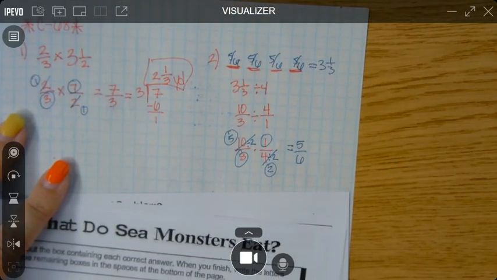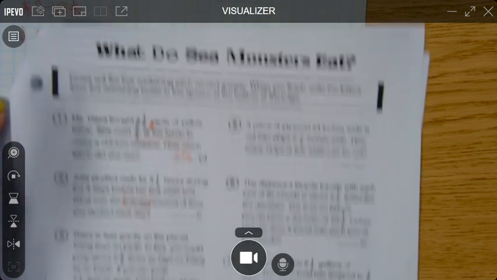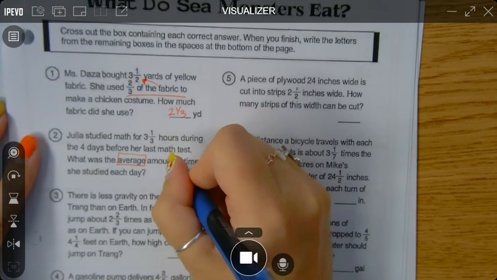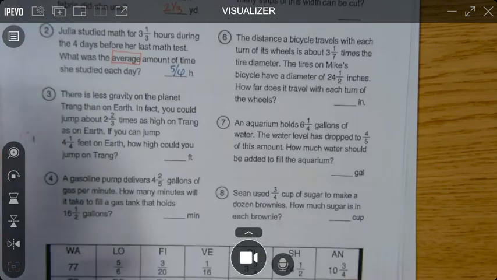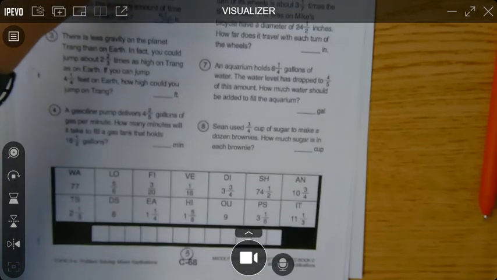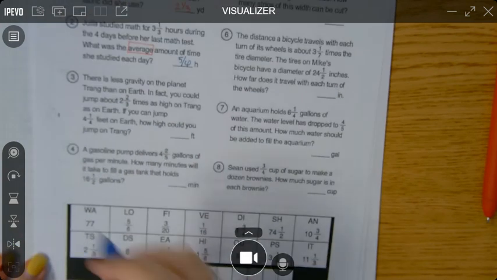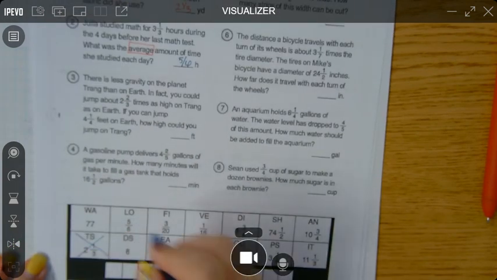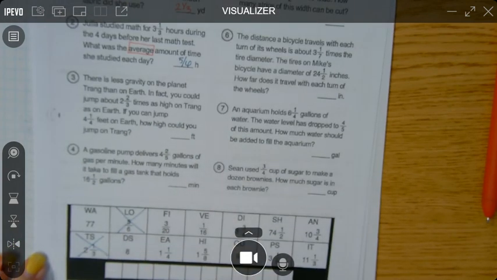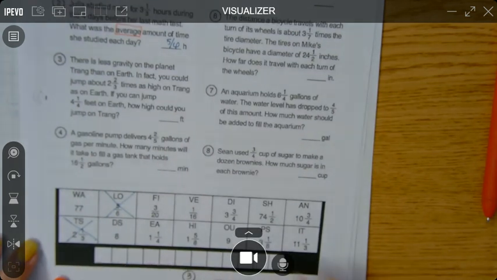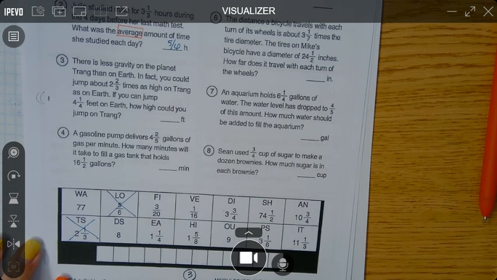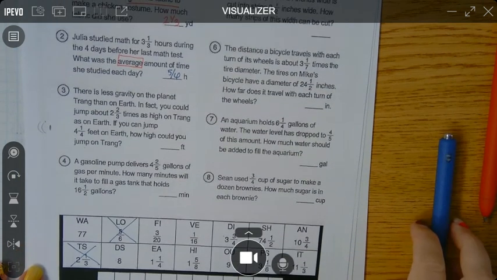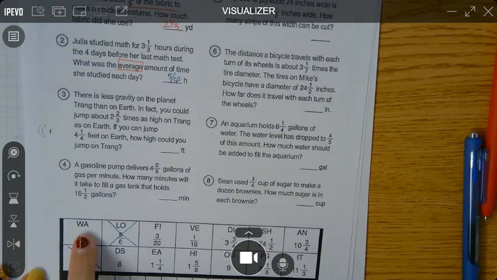Okay, on my paper, I'm going to put 5/6. And then down below, I'm going to cross off the answers that I got. So the first one I got was 2 1/3, and the second one I got was 5/6. Now I'm not going to actually write anything down at the bottom just yet because I only write what's remaining at the end.